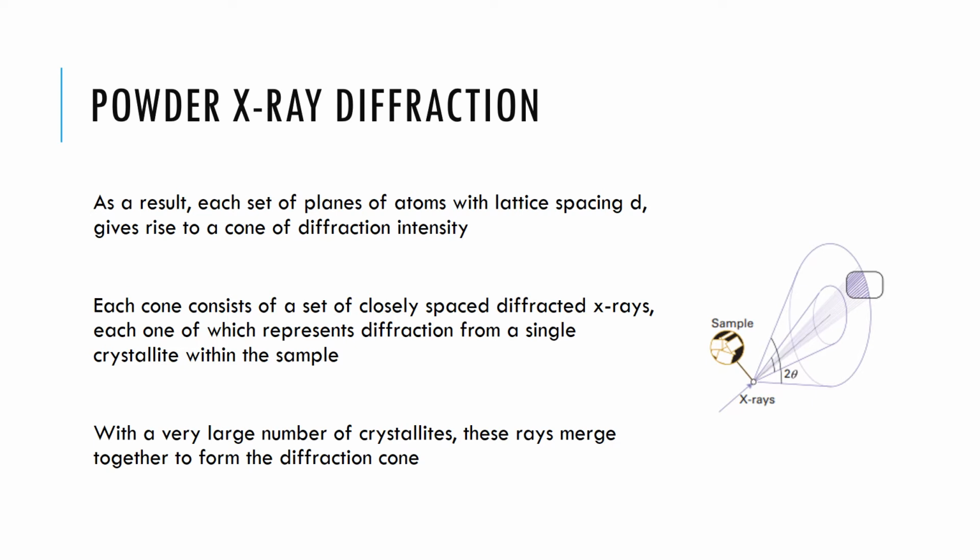What you gain then is a cone of diffraction intensity, just like the image I show you on the right there, because these X-rays are scattered in all directions. Each of those cones consists of a set of very closely spaced diffracted X-rays, each one of which represents diffraction from a single crystallite within that sample.